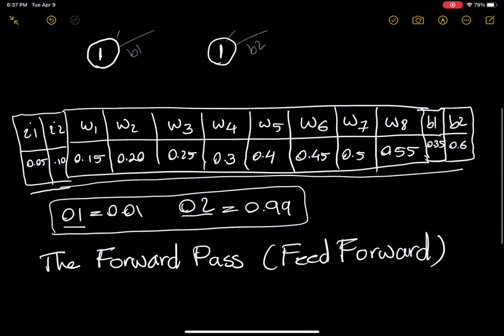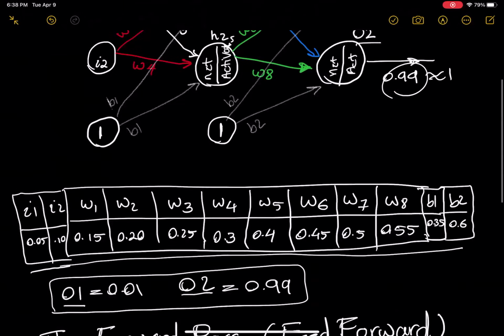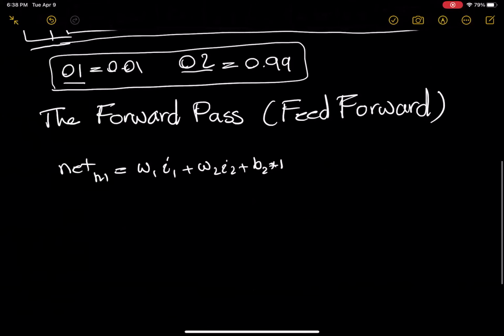So let's do that. Net of H1 is equal to W1 I1 plus W2 I2 plus B1 multiplied by 1. Why 1 here? Because the value of that is always 1, right? And it's B1, before you guys complain.